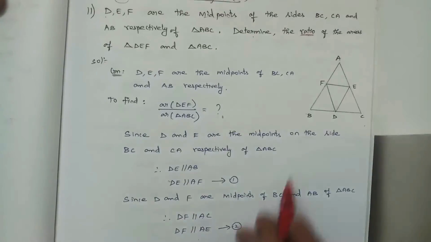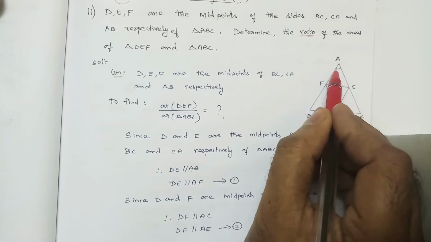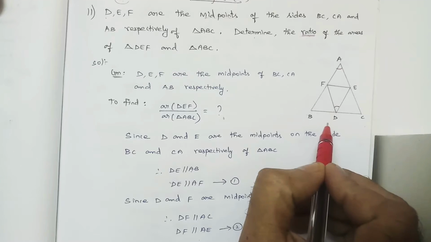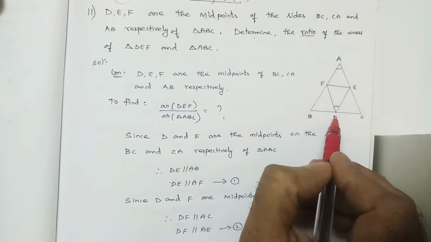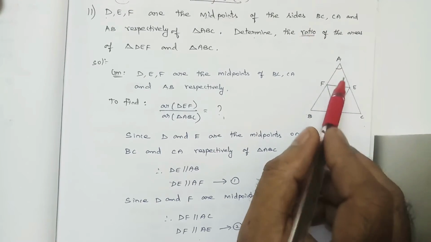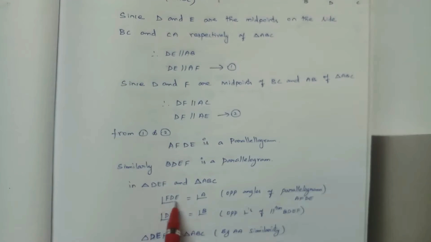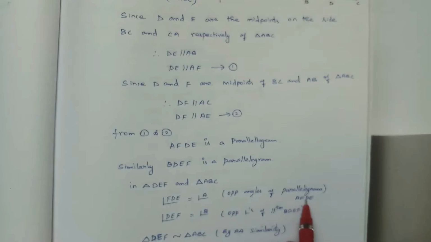angle A is equal to angle D. These two angles are equal because we just proved that AFDE is a parallelogram, and opposite angles of a parallelogram are equal. So angle FDE is equal to angle A, opposite angles of parallelogram AFDE.